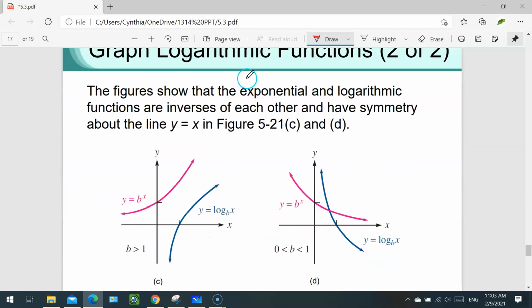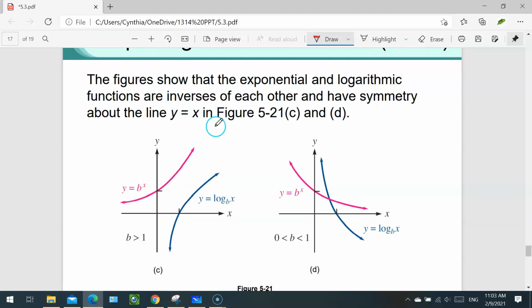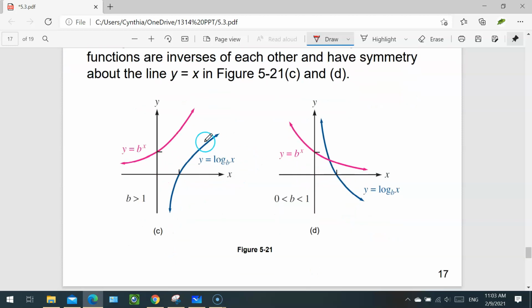So when we graph the logarithm function, it's the blue line here. When your base b is bigger than 1, the graph is located on the positive x-axis side. This is 0, and toward the left-hand side you have the negative x-axis.